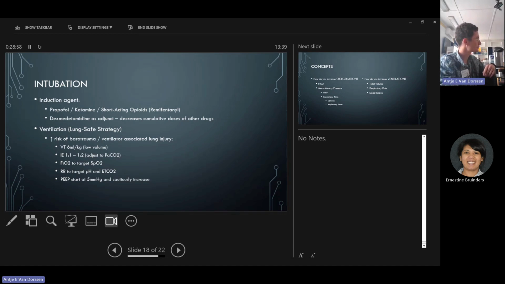Versus a pressure mode in a restrictive patient, where the volumes change the whole time. So if the patient does develop bronchospasm, then all of a sudden your volumes are down again. So when it's difficult ventilation, I prefer volume, but there's no real good evidence that one is better than the other. I think that's the bottom line.